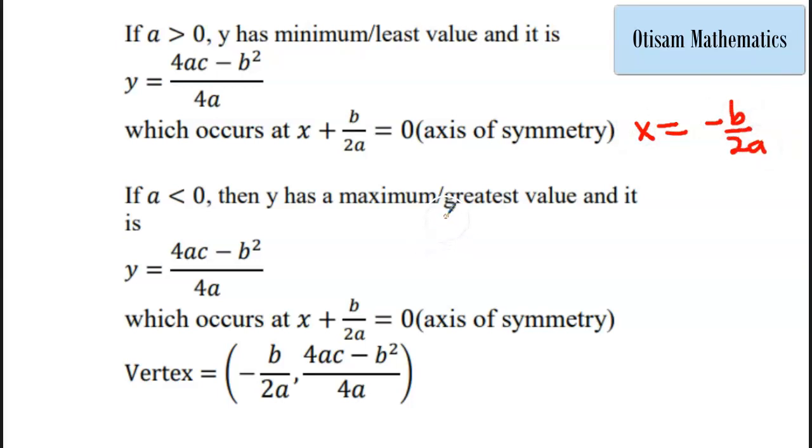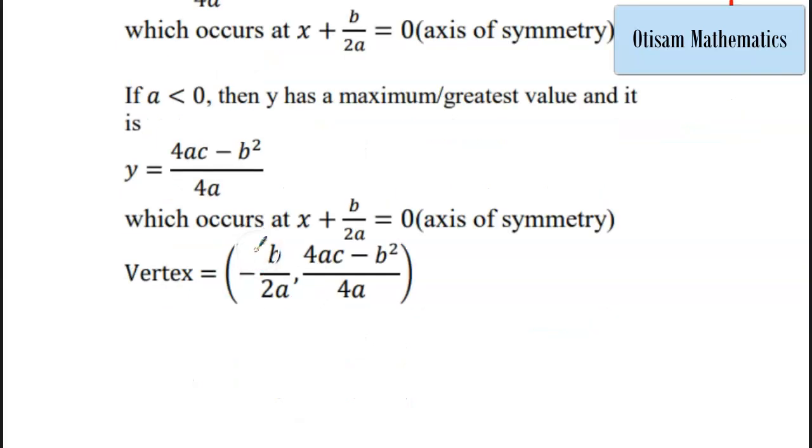That is the axis of symmetry. And then when the coefficient of x squared is less than 0, we are going to have the maximum or the greatest value. So where it occurs, the maximum or the minimum value is the x component, the point at which the maximum value occurs.